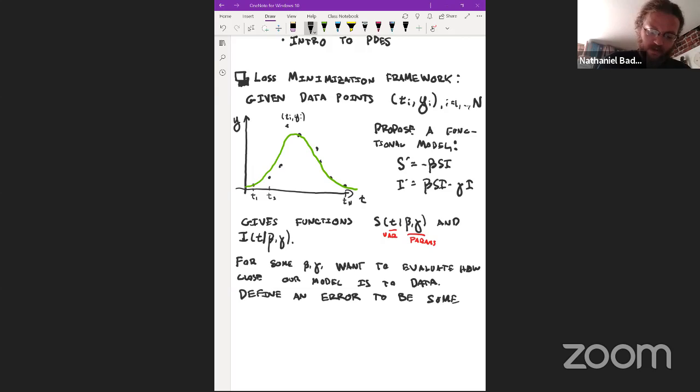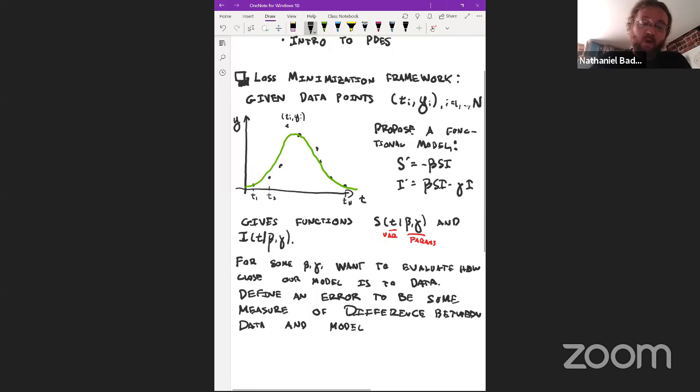So some measure of difference between the data and the model. Usually this is done pointwise. So for instance, the simplest error, the error that you're all familiar with is, well, we look at what the model predicts, right?